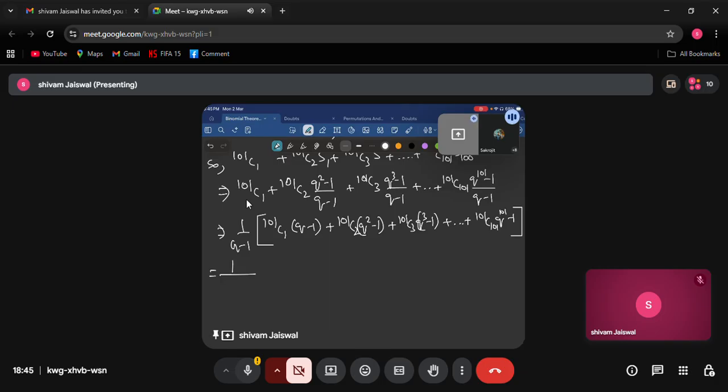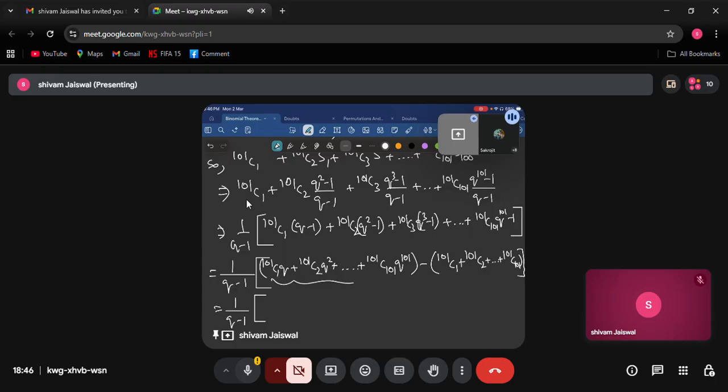Yes, sir. So this will become 1 by q minus 1 into 101C1 into q plus 101C2 into q square plus dot dot dot plus 101C101 into q to the power 101, minus 101C1 plus 101C2 plus dot dot dot plus 101C101.